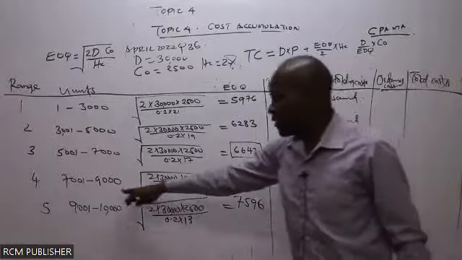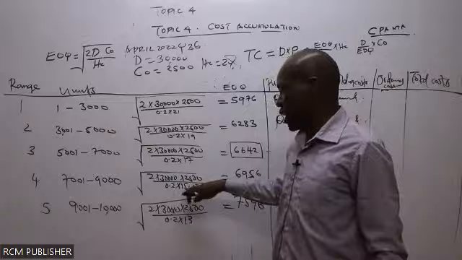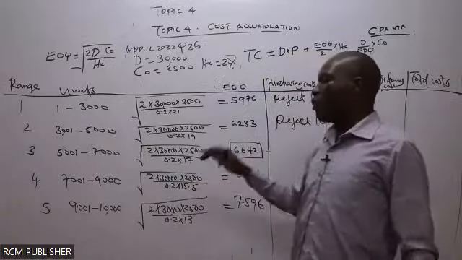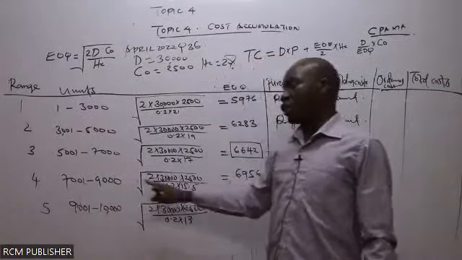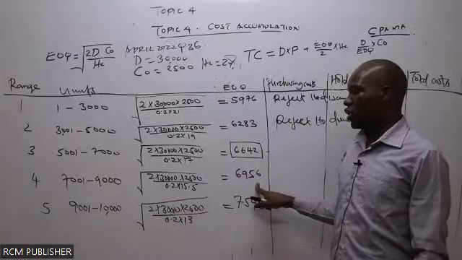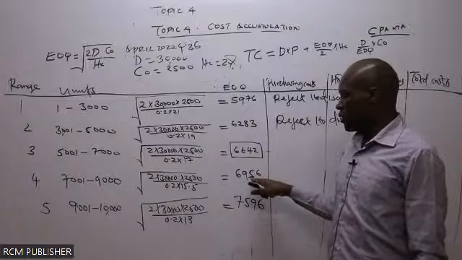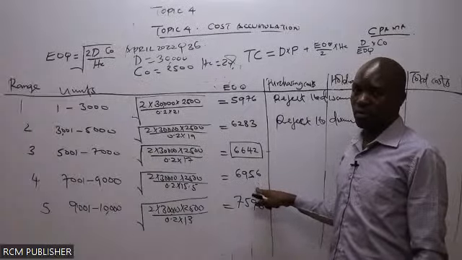For you to qualify for this discount here of 15.5, you must order a minimum of 7,001. But your economic order quantity is 6956.